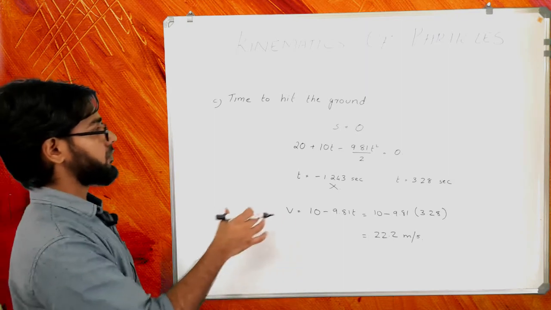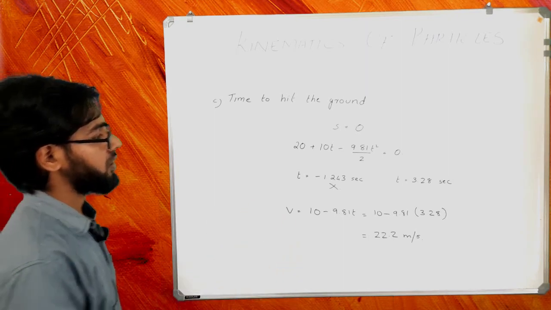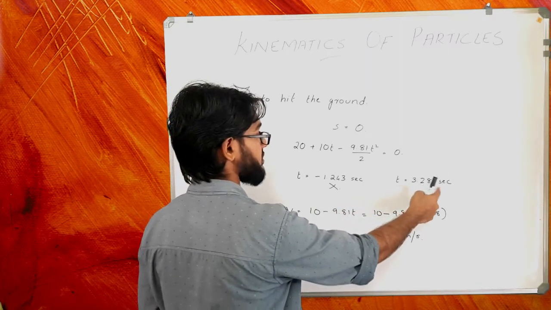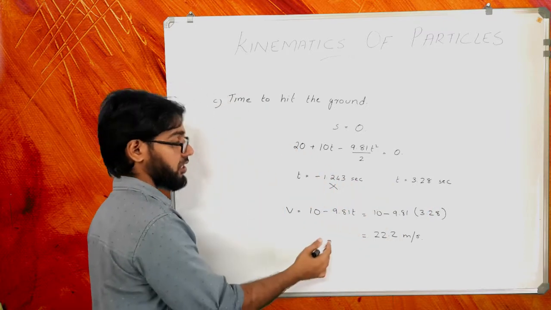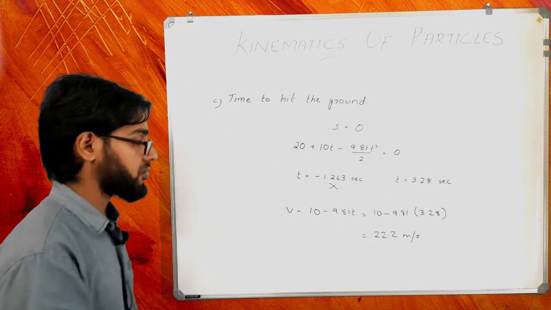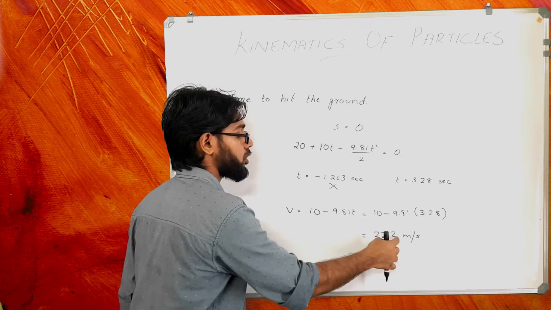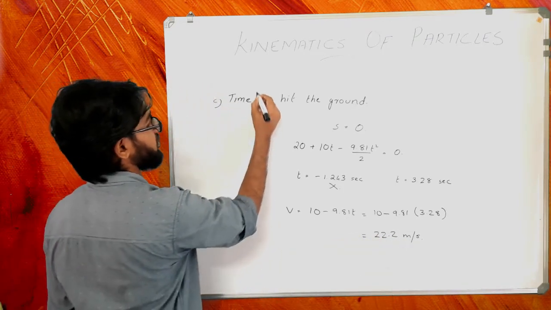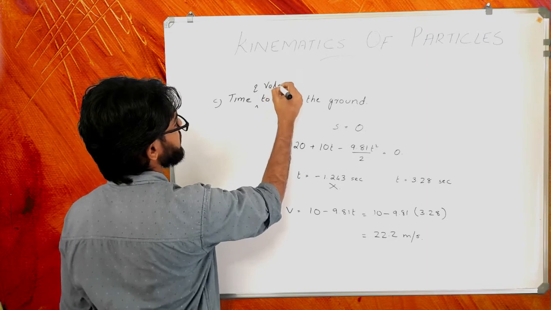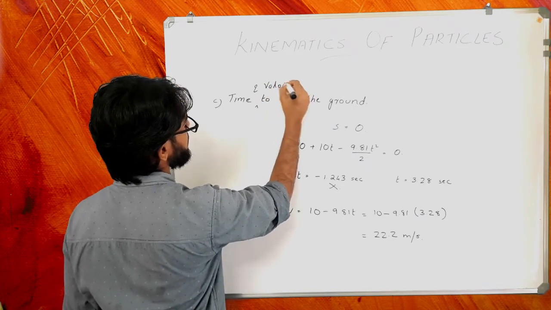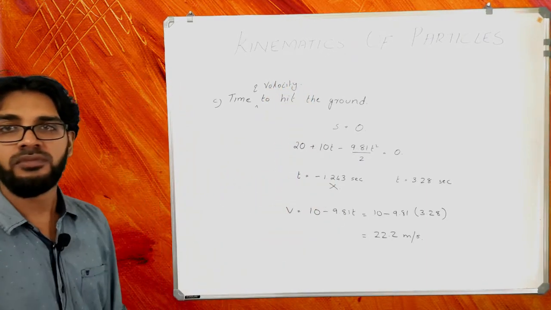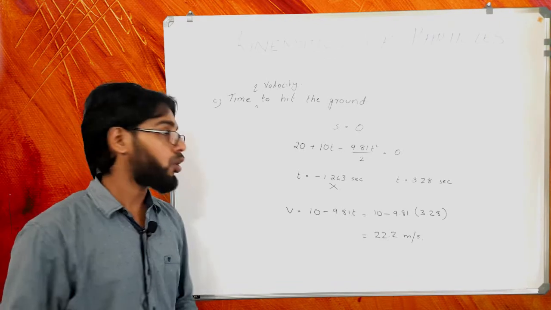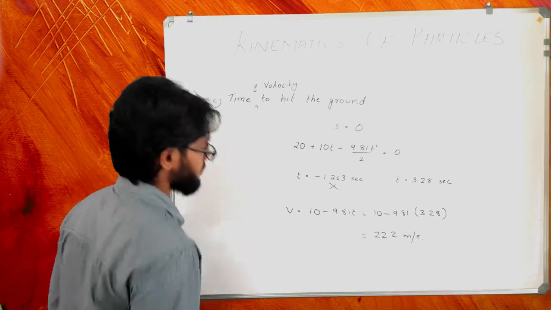So the time to hit the ground is 3.28 seconds, and the velocity when it strikes the ground is 22.2 meter per second. Time and velocity. Fine. We shall move on to the next case.